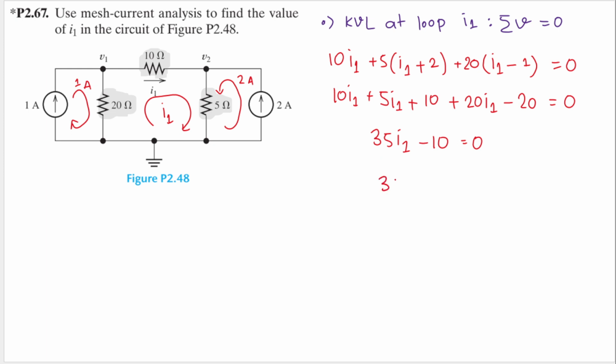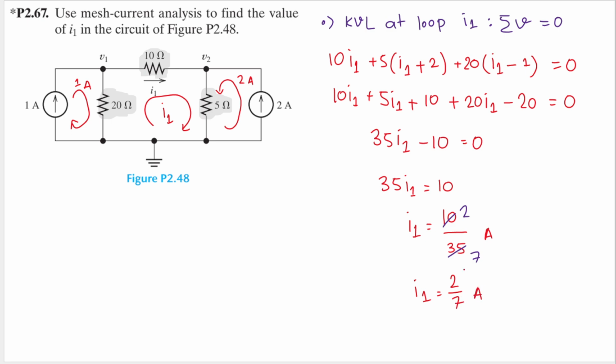So now I will have 35 I1 is equal to 10. Then I1 is 10 divided by 35. The unit here is ampere, and I think we can simplify this fraction. Let's divide this by 5, so I get 2, and divide this by 5, we get 7. So I1 is 2 over 7 ampere.